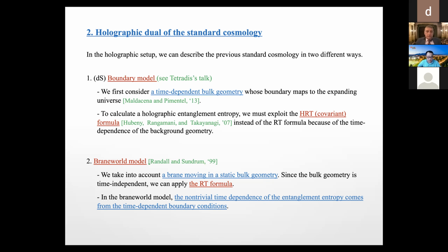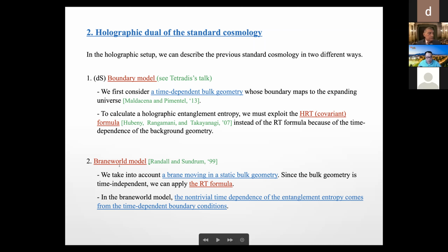That's the setup of the brane world. In that case, the motion of the brane gives a time-dependent universe to an observer living on the brane. So these are the two methods. Here I am using the brane world model because, as I mentioned, the background geometry is static. Still, we can use the RT formula instead of the HRT formula because the bulk geometry is static.